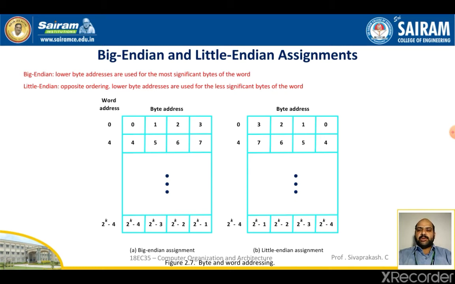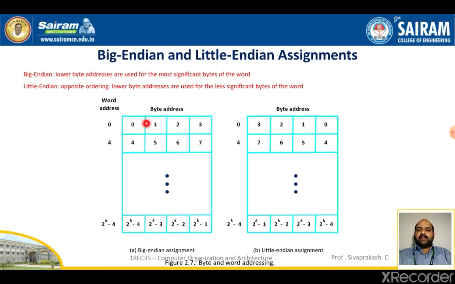The example is shown over there. In this example, you can see the most significant byte is represented with the least number 0, then 1, 2, 3, increasing like this. The next word starts with 4, then increments with 5, 6, 7. So the most significant byte is always at the least number of the word.